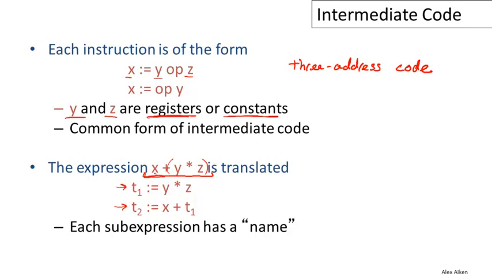In the expression x plus y times z, the expression y times z itself doesn't have a name. And by rewriting it like this, I actually name that intermediate result. So again, just to summarize this point, one consequence of having to write out compound expressions as a sequence of instructions that do a single operation at a time is that every intermediate value will be given its own name.